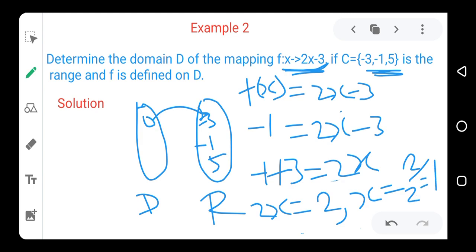So we have 1 here. It is 1 that gives us the image minus 1.